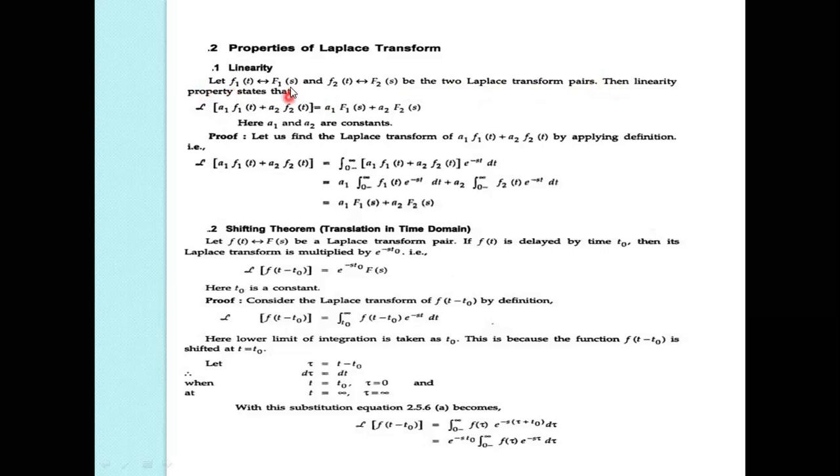Then the linearity property states that the Laplace transformation of a1 f1(t) plus a2 f2(t) is equal to a1 F1(s) plus a2 F2(s). Here a1 and a2 are constants.